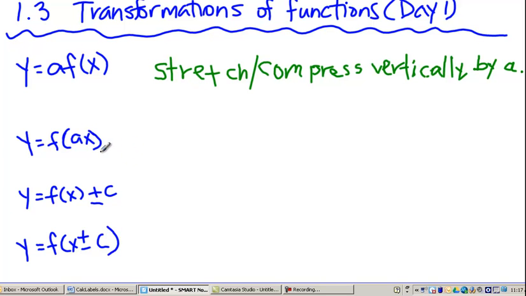Okay? Now, the second equation, you're going to see what's the difference. On the first one, A is outside the argument. It affects my y's. Therefore, I need to change this to B. Change yours to B as well.